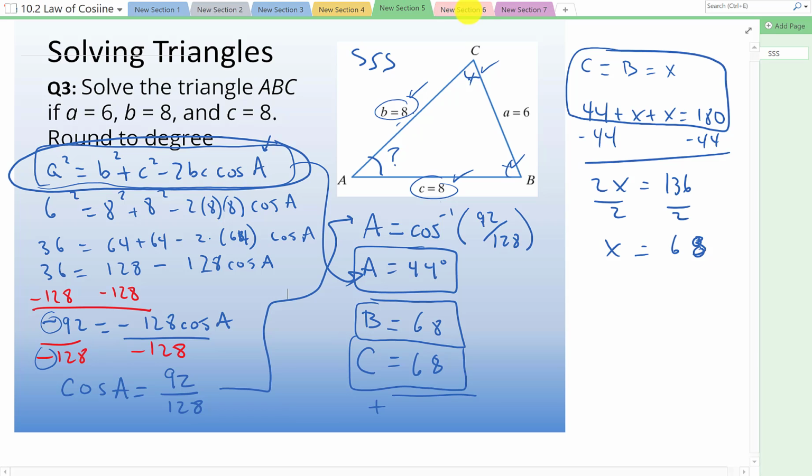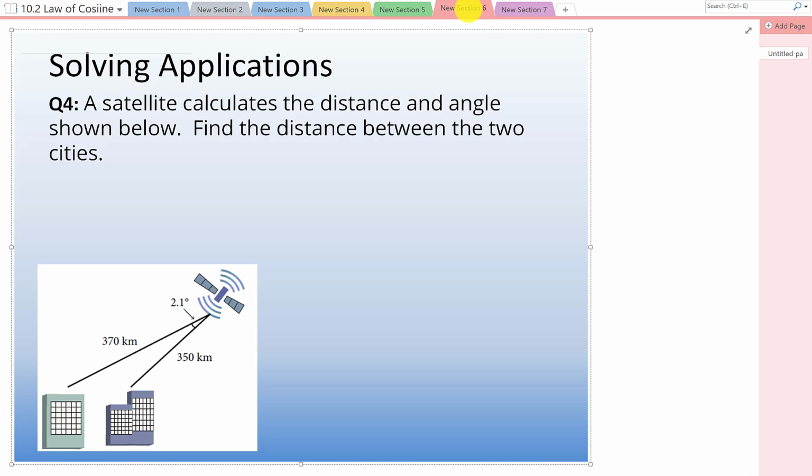All right, let's do some application problems here. We're looking at a satellite. The satellite is in orbit in Earth's atmosphere. It's flying by. It measures the distance to two buildings, and as it measures, it can calculate the angle in between.